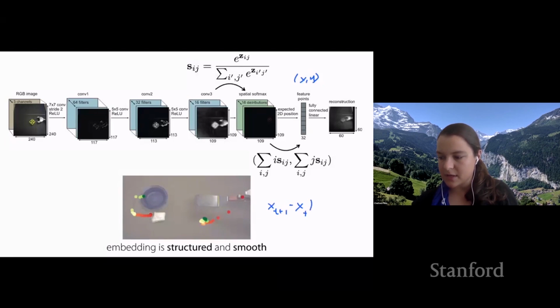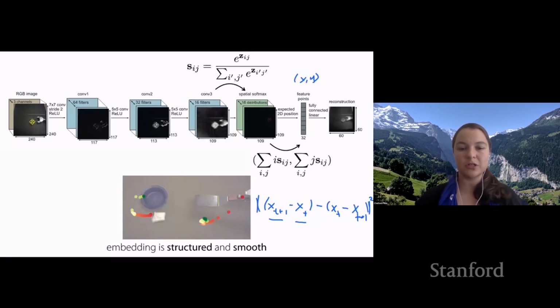This is the velocity of the point, essentially the difference between the point's position at t+1 and the point at t. And if you want to penalize the acceleration, you can compare the velocity at this time step to the velocity at the previous time step. This gives you something like the acceleration, and you can penalize this by putting an L2 loss on it to give you points that are encouraged to be smooth over time.